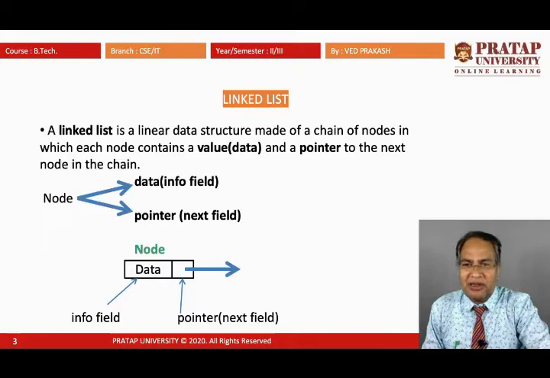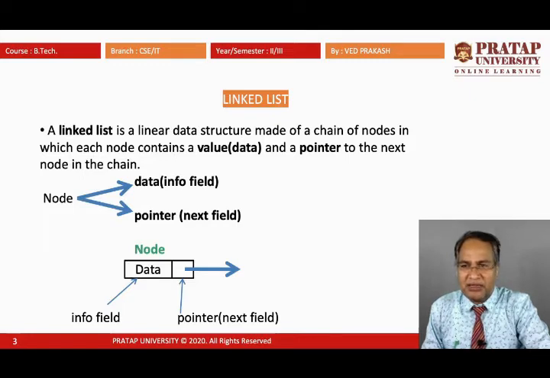A node is basically divided into two parts. The first part is known as the data, and it is also recognized as the info field, and the second part is known as the next field, and in the next field we use pointers.